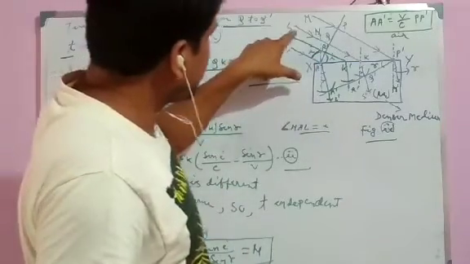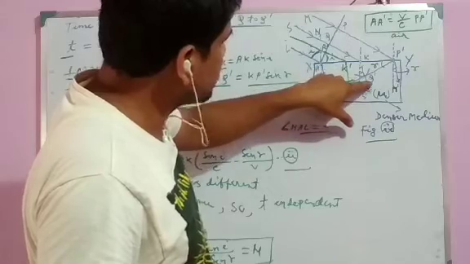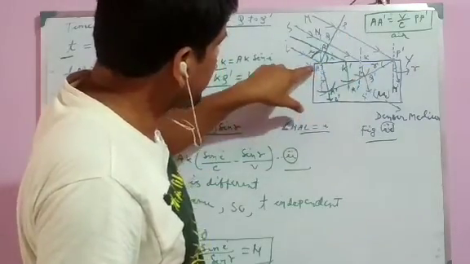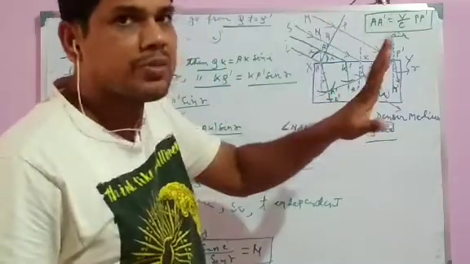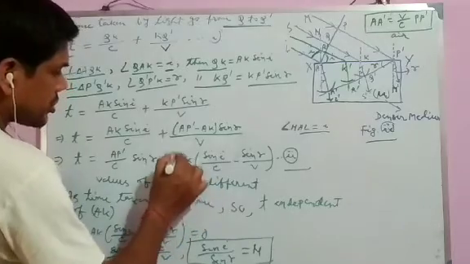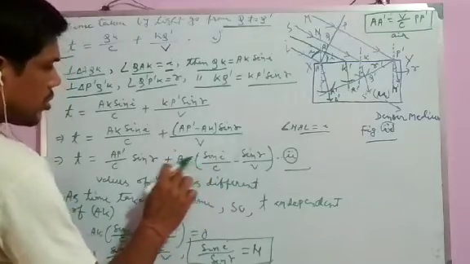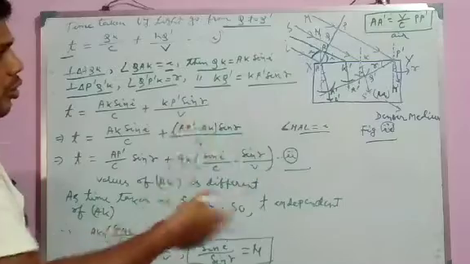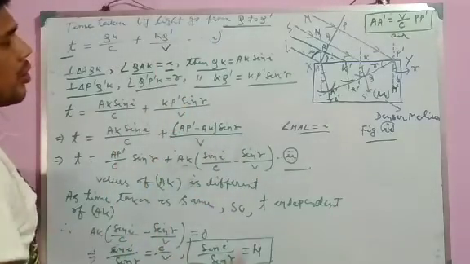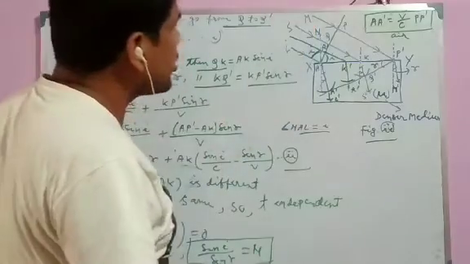Now the time taken from Q to Q' point and P to P' point, and here A to A' point, is always the same. So t does not depend on AK, because its value is always changing with the change of point of incidence on the incident wavefront.